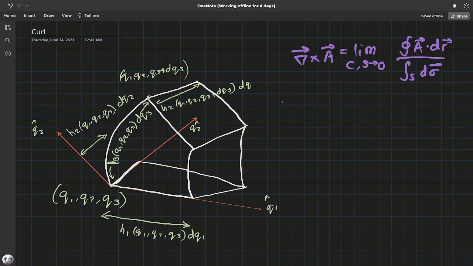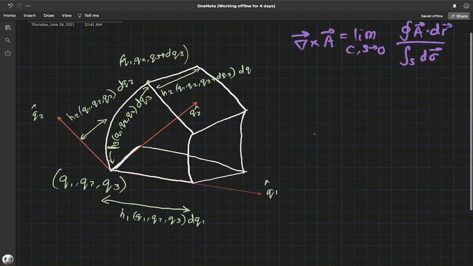here let's consider some closed loop. Maybe let's take this first face, this face that has its normal area vector in the negative q1 hat direction. So let me just briefly, again, apologize for my bad drawing here, but I just want to prove a point.